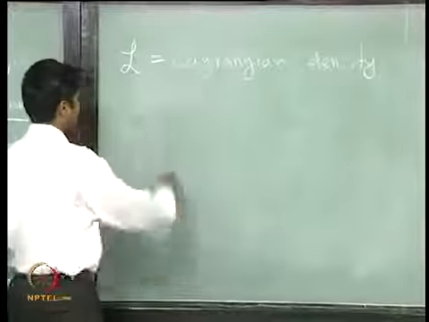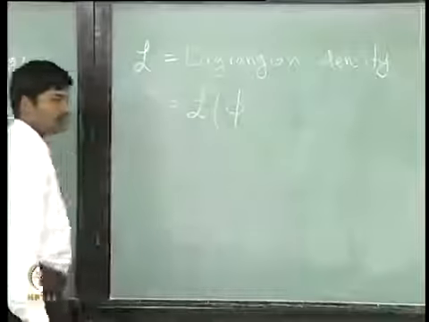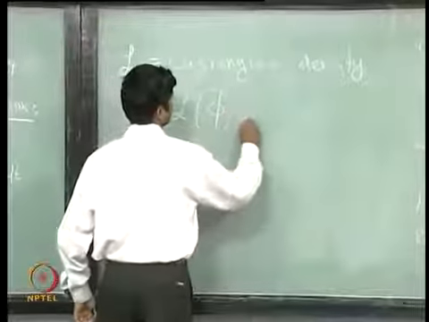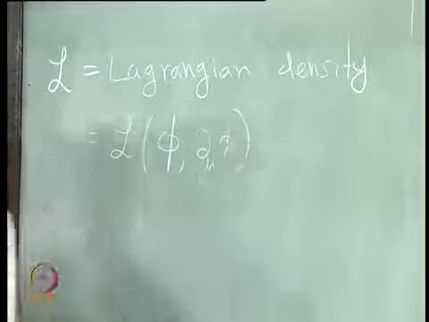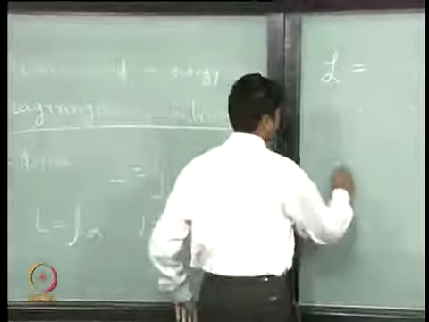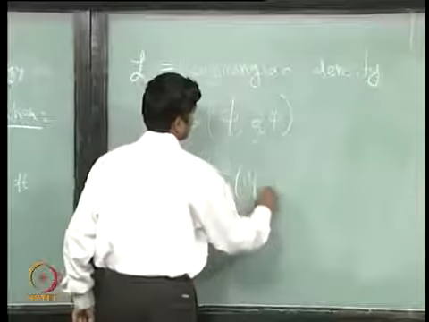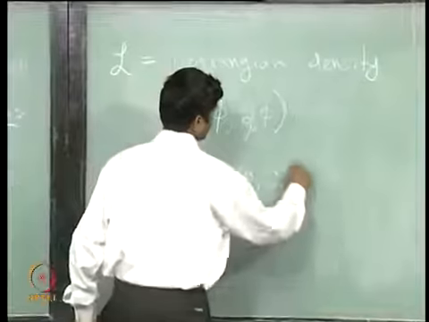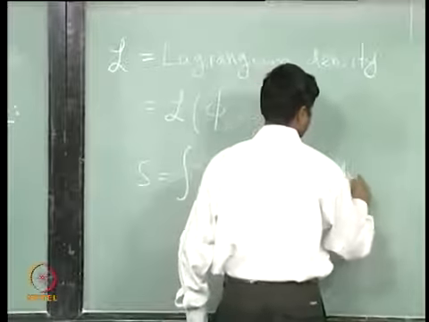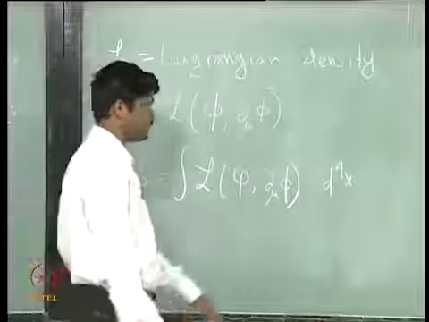In general, L is a function of the field, which I will denote as phi, and its derivatives. So, the action can be expressed as S equal to the integral of L(phi, del_mu phi) d^4x. The volume element d^4x is dt times d^3x.